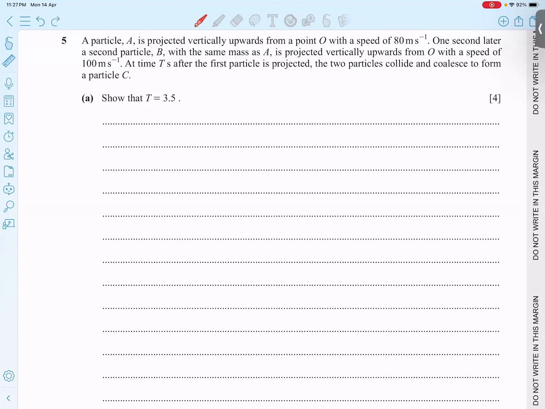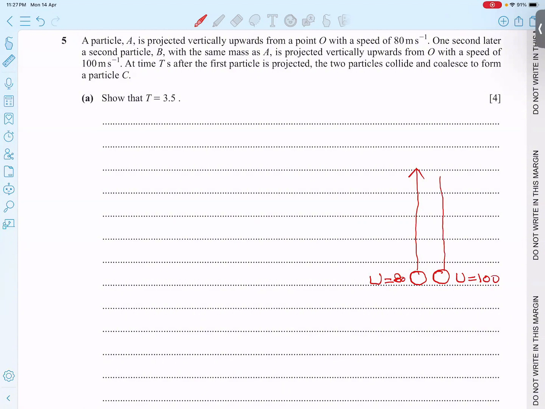When they collide, collision means they have the same height. Let me give an idea. Let's say one particle is thrown upwards with a speed of 80. The second particle is thrown upwards, same mass, with a speed of 100.